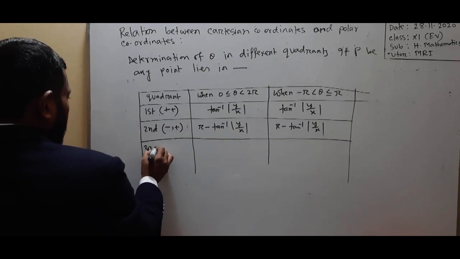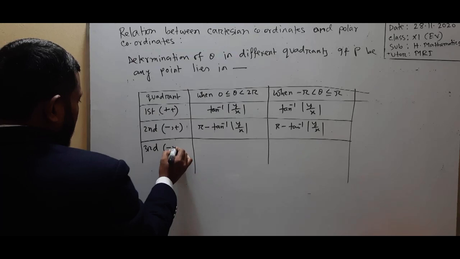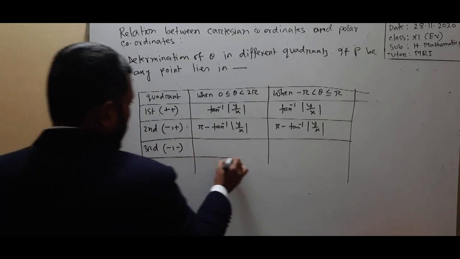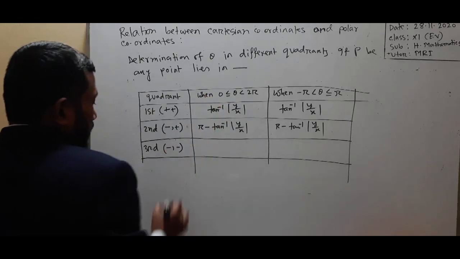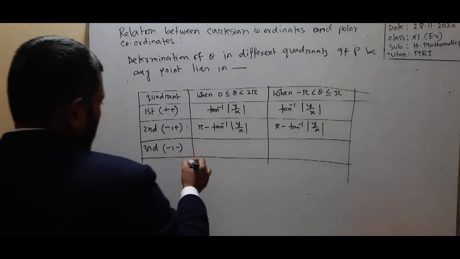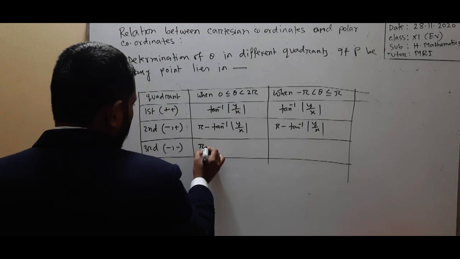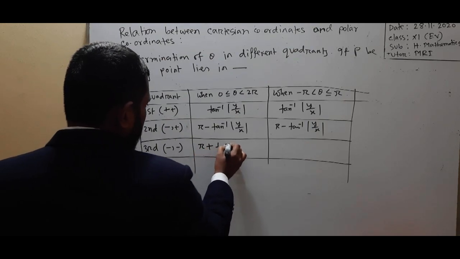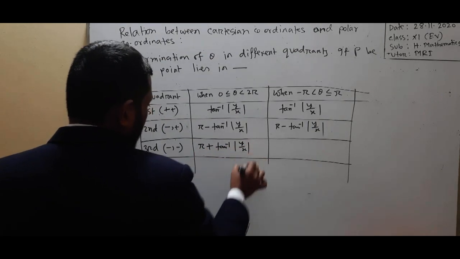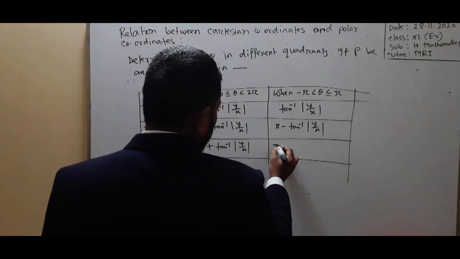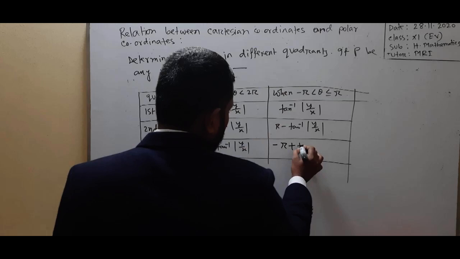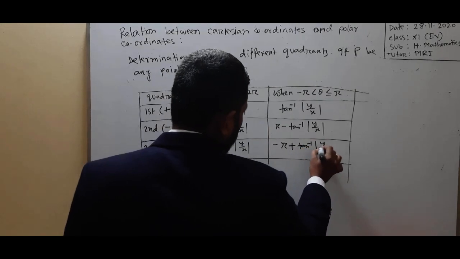Third quadrant: here abscissa and ordinate both are negative. For this condition, the value of theta will be minus pi plus tan inverse within the modulus y by x, but here the value of theta is minus pi plus tan inverse y by x.